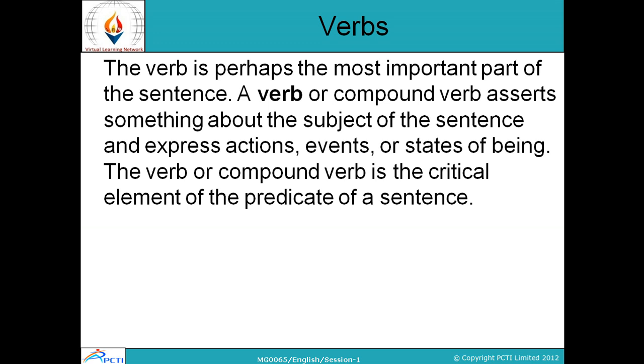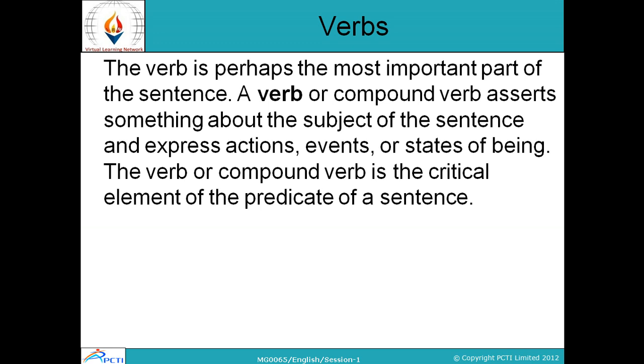Now let us come to another part of speech, that is verbs. What are verbs? The verb is perhaps the most important part of the sentence. Any word that denotes an action is a verb. किसी भी वर्ड में अगर एक्शन हो रहा हो उसको हम वर्ब कहते हैं. जैसे कि a verb or compound verb asserts something about the subject of the sentence.